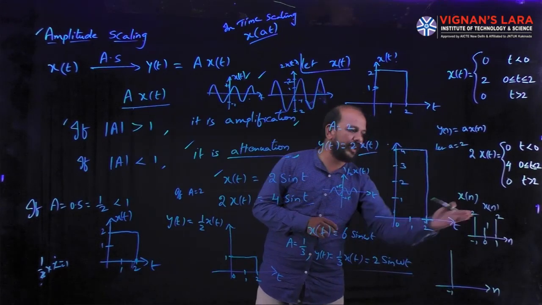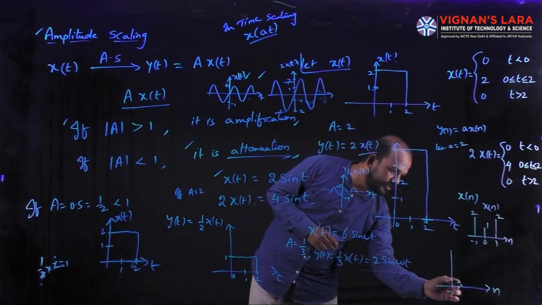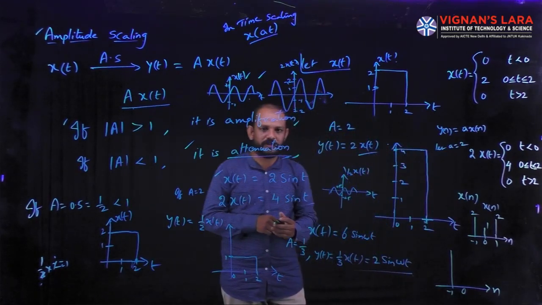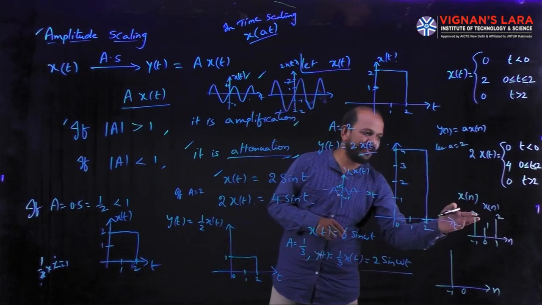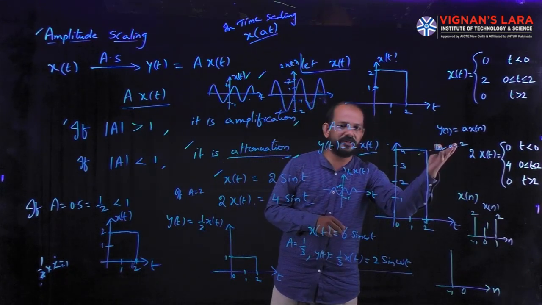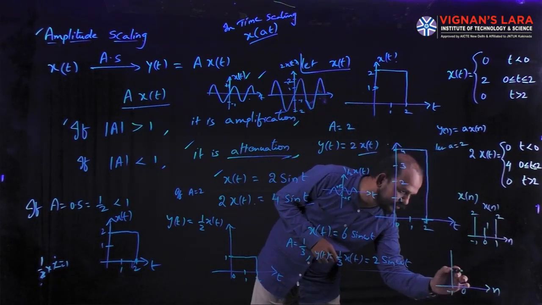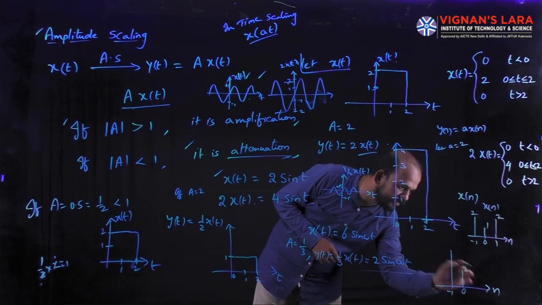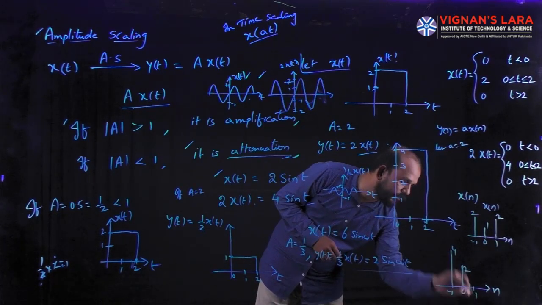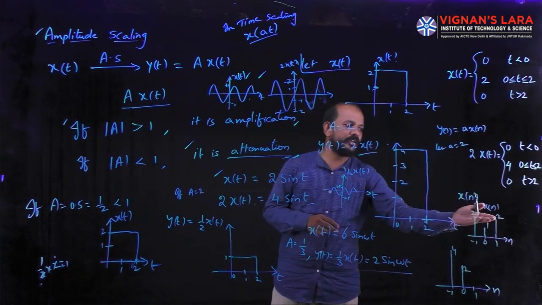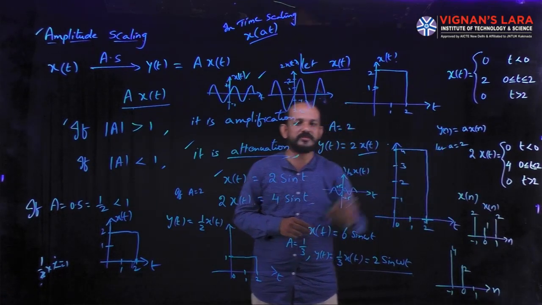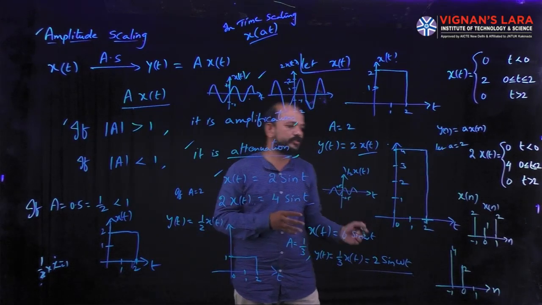At 0 instant the amplitude is 1. So what we will do? I have to multiply that 1 with the constant 2. 2 into 1, 2. So this is 2, this is 4. Again at 1, the amplitude of x of n is 2. The constant is 2. So you have to multiply 2 into 2, that is 4.